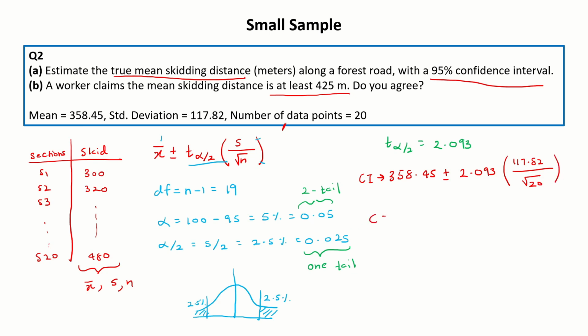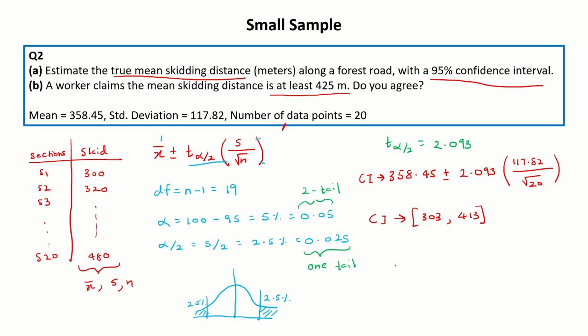This is the confidence interval. If I solve this, I should get a confidence interval that comes to approximately 303 and 413. And what this means is that the true mean skidding distance lies within this interval of 303 and 413 meters.